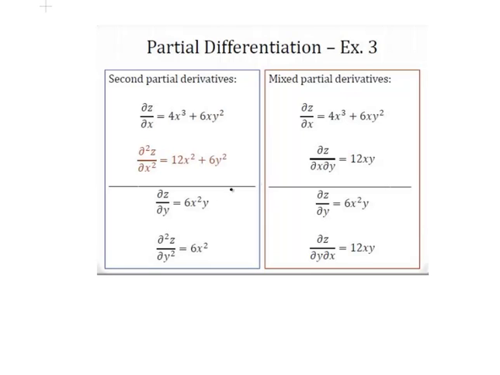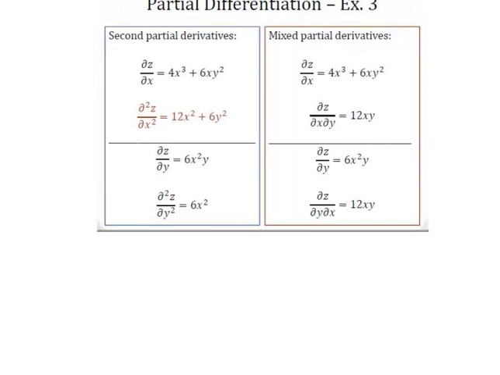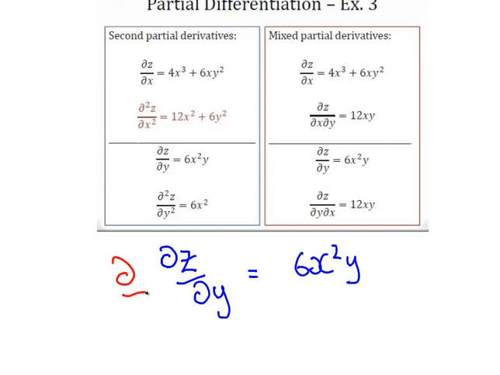So for the mixed ones, I'm going to take this as my starting point. The first order partial derivative of z with respect to y is equal to 6x squared y. And what I'm going to do is get the partial derivative of that with respect to x.